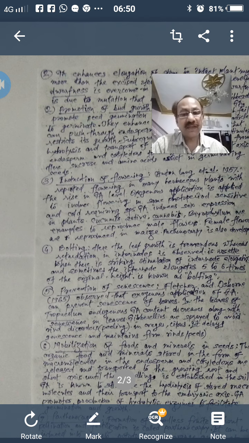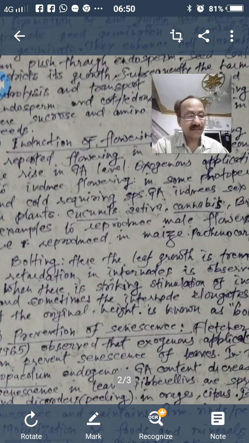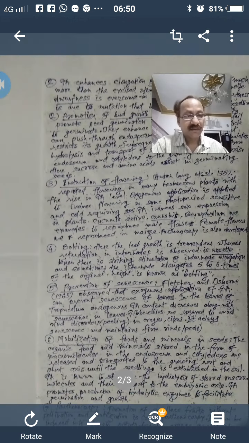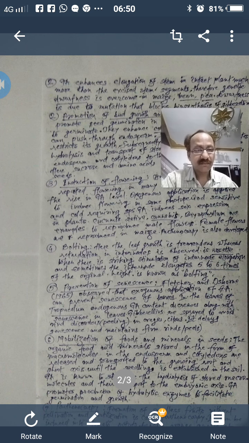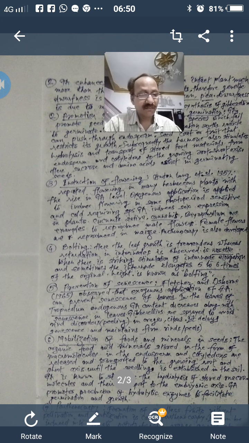Fifth, bolting. Here the leaf growth is tremendous, whereas retardation in internodes is observed in the rosette.